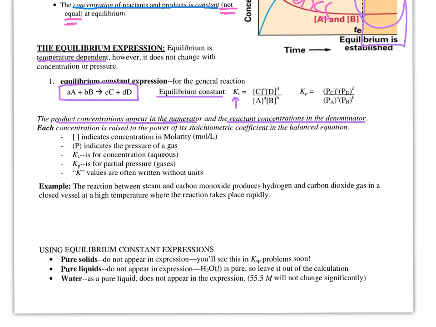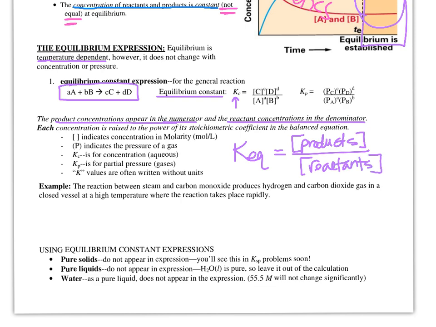So your K, whatever K it is, it doesn't matter. Sometimes we write KEQ. It is always going to be concentrations, or it could be pressures, of your products over concentrations or pressures of the reactants. So we take into account both.